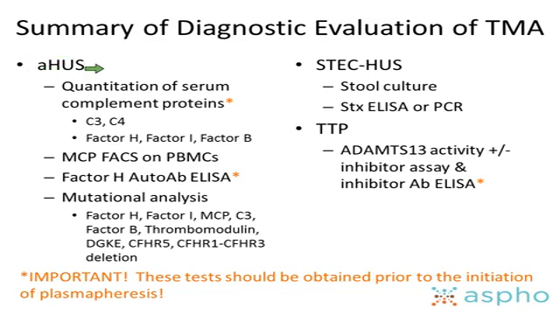In atypical HUS, this consists of quantitative testing, both of serum proteins as well as membrane cofactor protein on circulating mononuclear cells, factor H autoantibody testing and mutational analysis, Shiga toxin testing both by stool culture as well as looking specifically for the Shiga toxin protein or gene, and then looking at ADAMTS13 activity as well as looking for inhibition by a mixing study and/or an autoantibody ELISA to investigate for TTP.